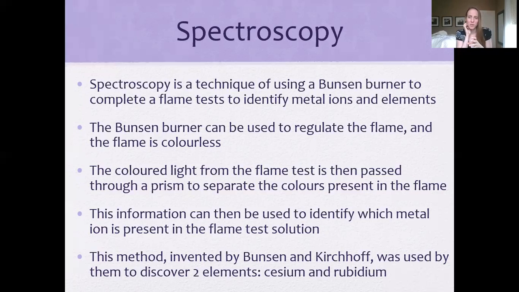Whereas with spectroscopy, you have that magenta flame, but then you separate it into like reds and like a teal or a cyan or something that's present within that magenta flame. So it's a bit more accurate. You can get a bit more information out of spectroscopy where you use the prism than with just the flame test alone.